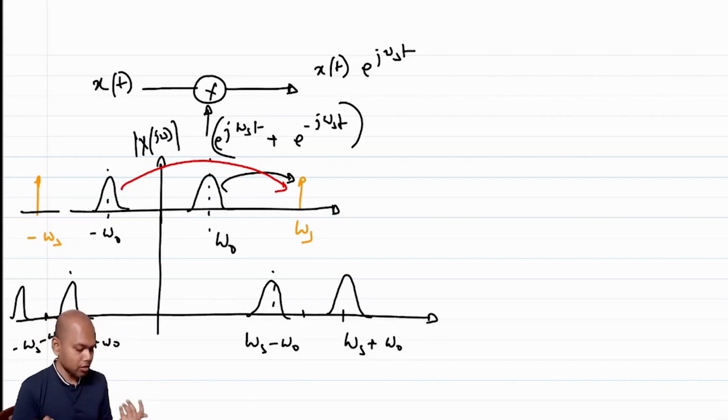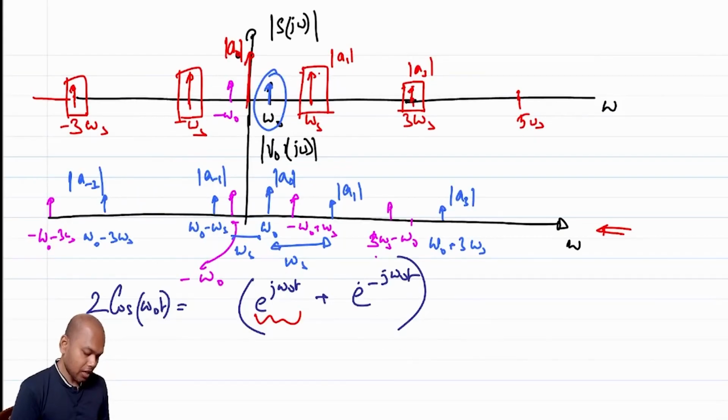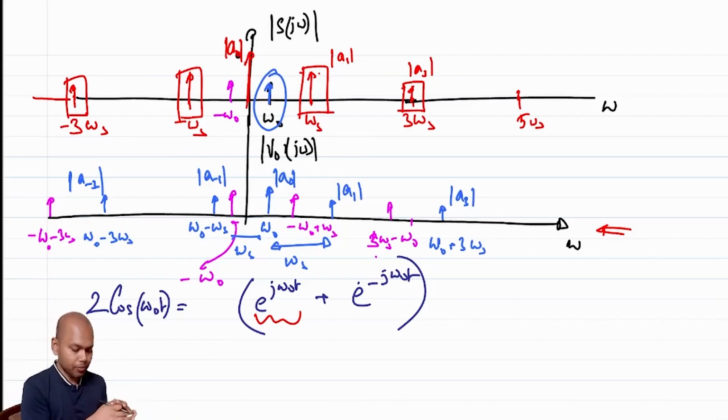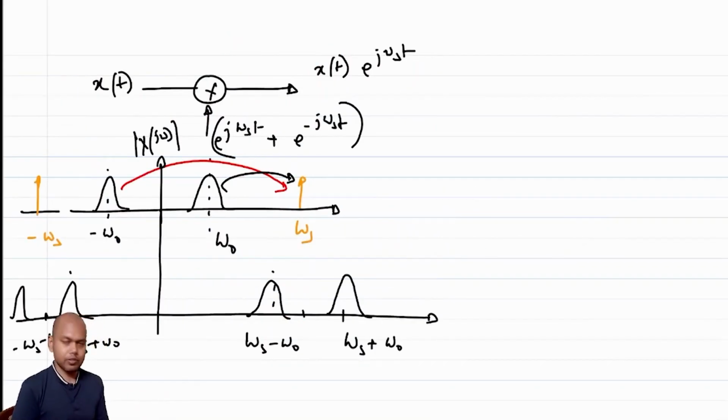Instead of these two tones, if you had s of t, then just like before you are going to have a whole bunch of these X of j omega spread around the entire frequency axis. I'm not drawing it, but I hope you can visualize it.